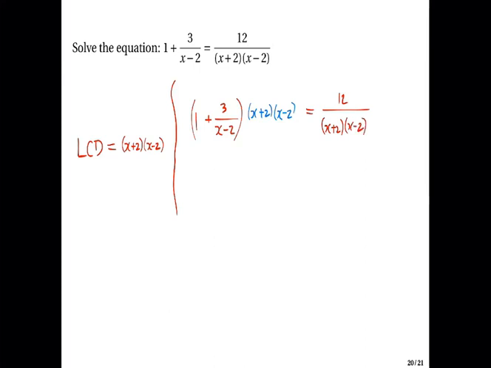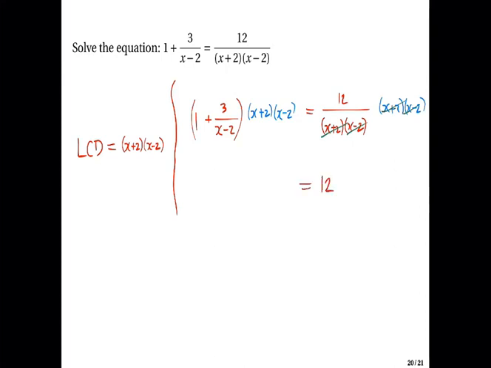Then again, multiply the LCD, x plus 2 times x minus 2. So on the right-hand side, we can easily cancel this guy here. So the right-hand side will just get 12.